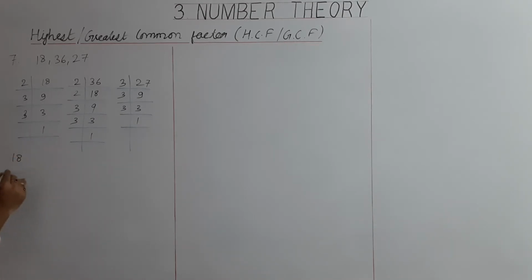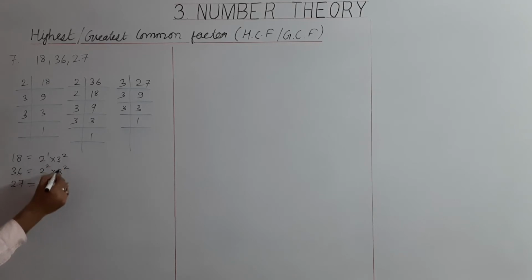So factors of 18, 36 and 27 are, for 18, 2 to the power 1 into 3 to the power of 2. 36, 2 to the power of 2 into 3 to the power of 2, and 27 means 3 to the power of 3. Now we have to take greatest power of common factor.